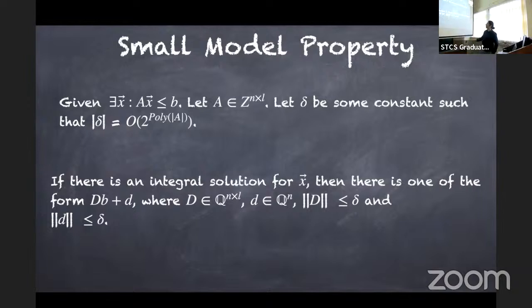This represents the bit representation: the maximum among the numerators and denominators of D is less than or equal to delta, and the same for d. So the number of bits will be polynomial, exactly, because you take the log of this.